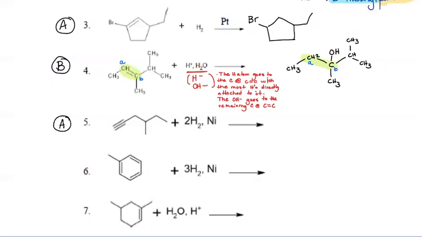Now, I mentioned to you guys that we're turning that alkyne into what functional group? When we're doing hydrogenation, what is the functional group that we're going to have? What is the name of the functional group that is the product of a hydrogenation reaction? Excellent, an alkane.